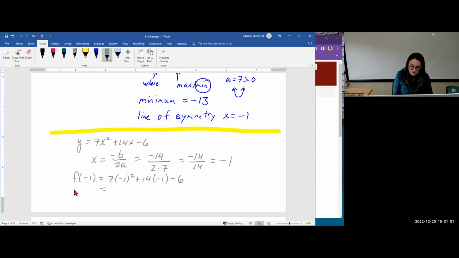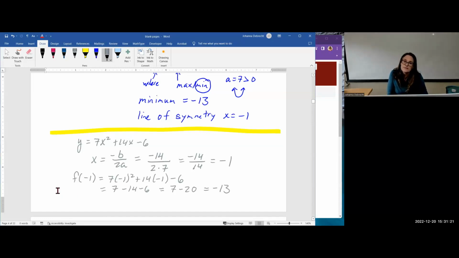Well, negative 1 squared is 1, so that gives me 7, negative 14, and then minus 6. So negative 14 minus 6 is negative 20, so I have 7 minus 20, which gives me negative 13. And that's exactly what I got previously.